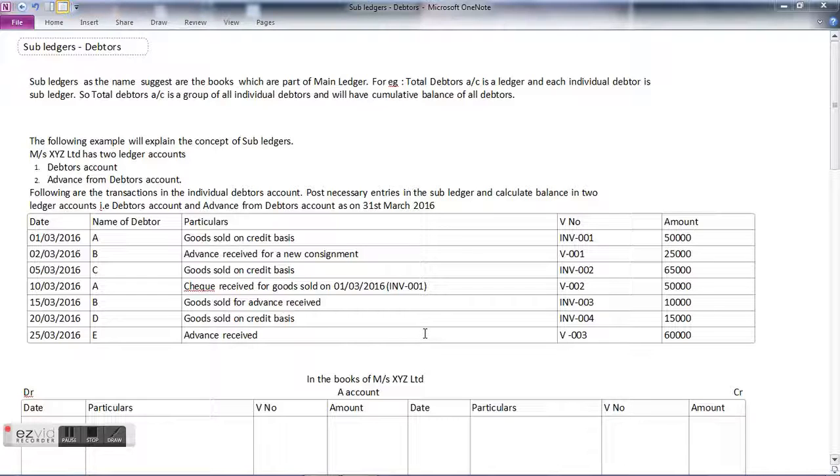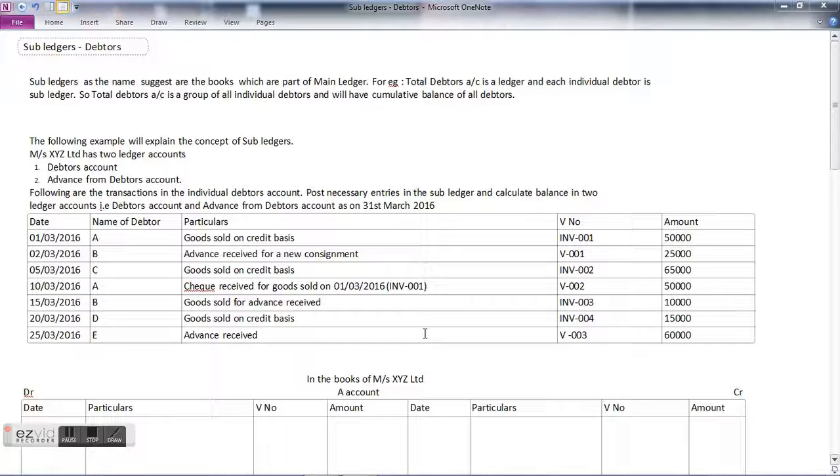Messrs. XYZ has two ledger accounts. One is the debtors account and one is advance from debtors. Following are the transactions in the individual debtors accounts. Post the necessary entries in the subledger and calculate the balance in the two ledger accounts, that is, the debtors account and the advance from debtors account.